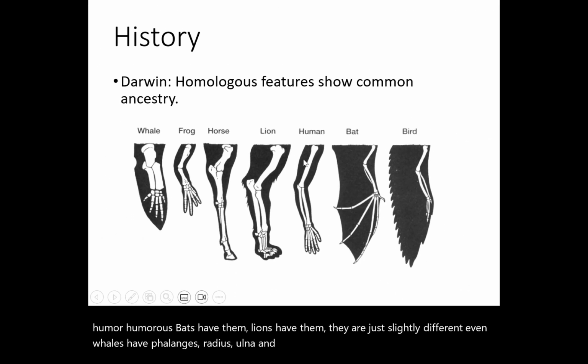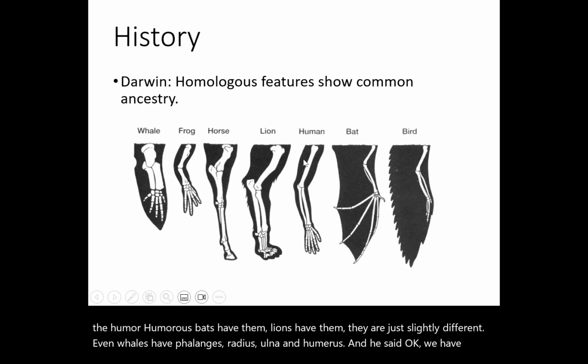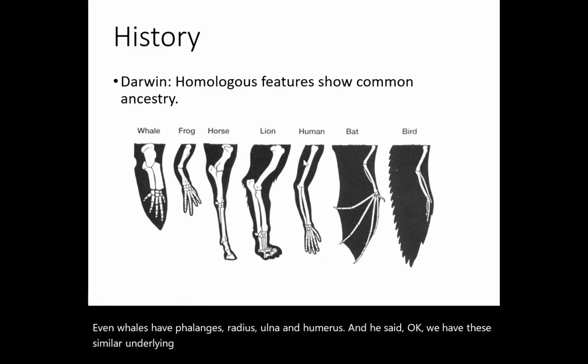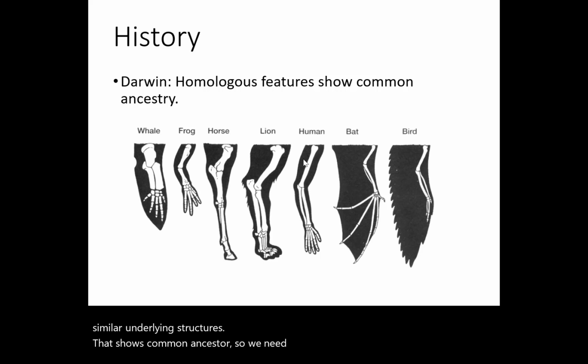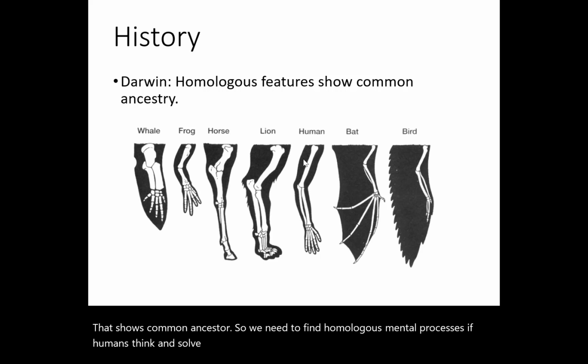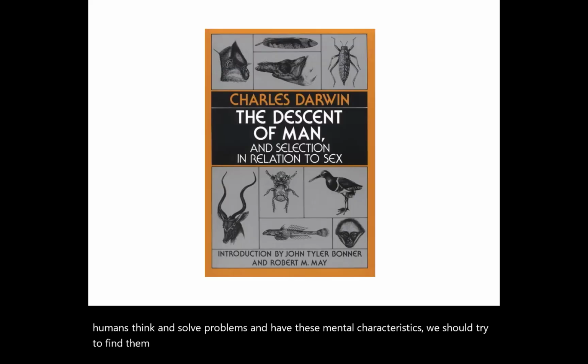And he said, okay, we have these similar underlying structures that show a common ancestor. So we need to find homologous mental processes. If humans think and solve problems and have these mental characteristics, we should try to find them in animals.